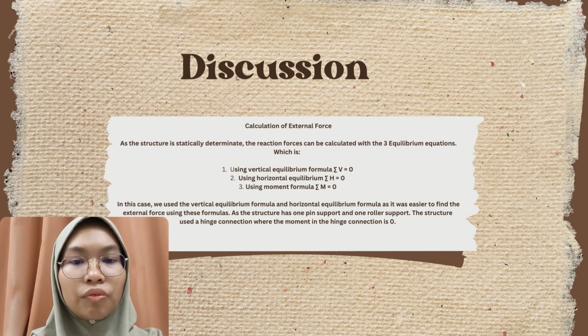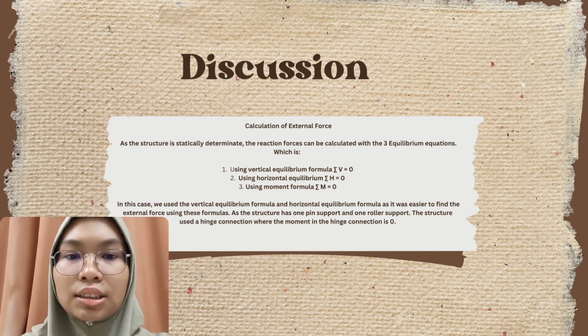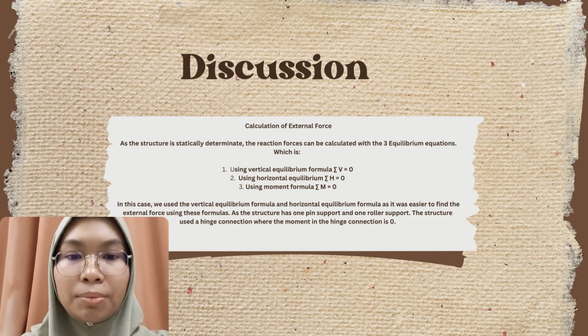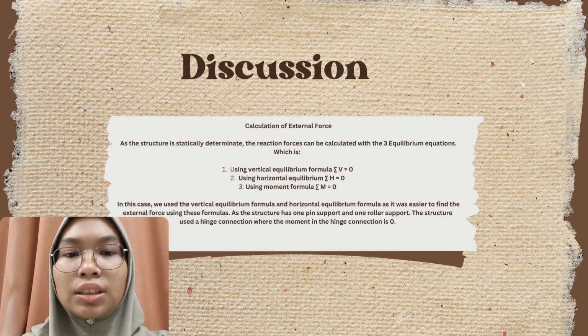The discussion for external force. As the structure is statically determinate, the reaction forces can be calculated with the three equilibrium equations. First, using the vertical equilibrium formula, which is sum of V equal to 0. Second, using the horizontal equilibrium formula, which is sum of H equal to 0.